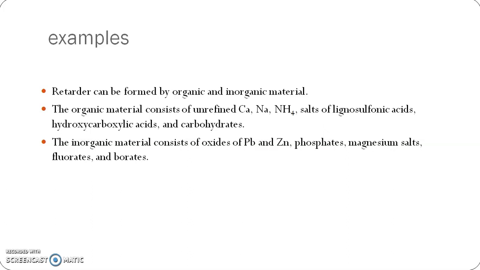Some examples of inorganic materials are the oxides of Pb, which is lead, and Zn, which is zinc: lead oxide and zinc oxide, phosphates, magnesium salts, fluorates and borates.